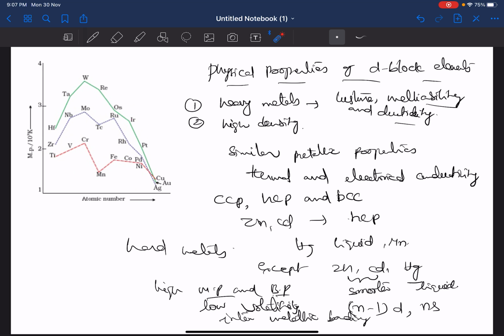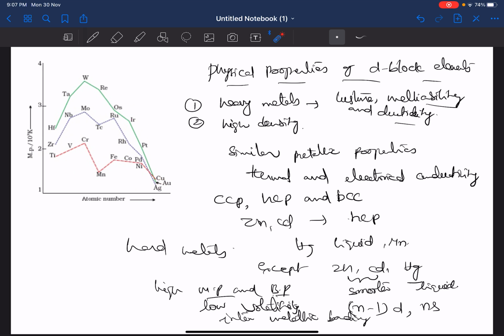Chromium has the d5 configuration, so it has the highest melting point in this series, whereas at manganese it falls, that means all of a sudden the melting point of manganese decreases compared to chromium due to the filling of ns2 electrons and d5 configuration. Then gradually iron increases, cobalt decreases, nickel decreases, and copper and then zinc decrease very much.